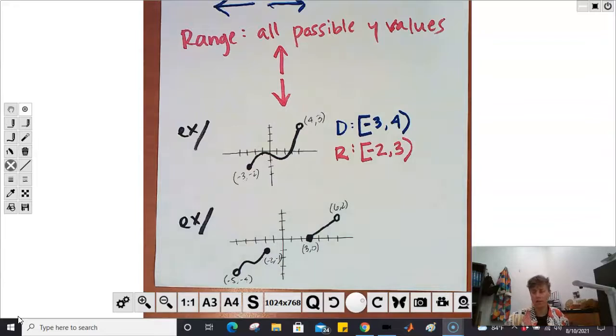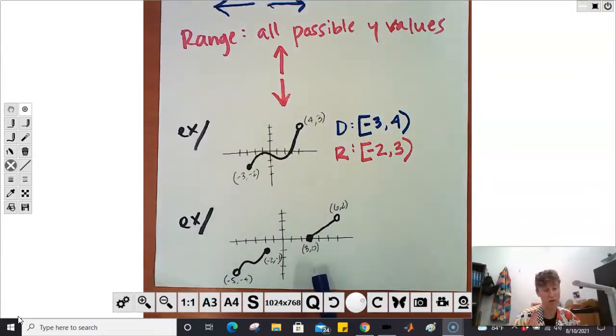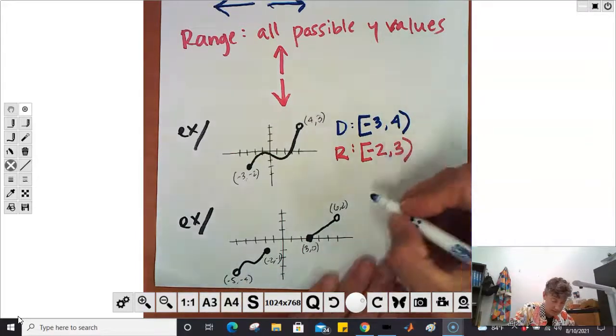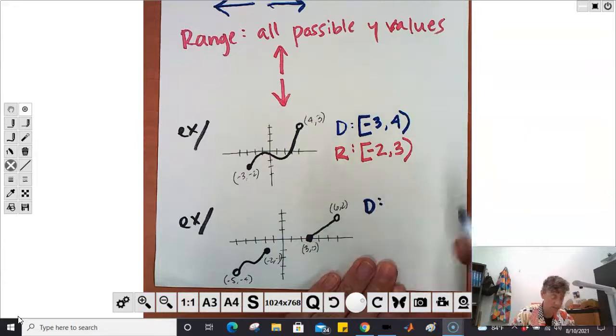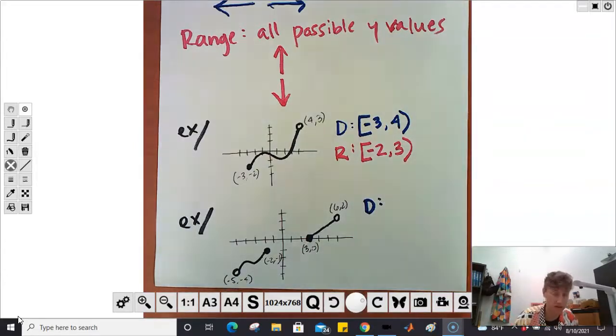Okay, so let's talk about the domain and range of this piecewise function. It's got two separate components to it, over here and over here. All right, so the domain of this piecewise function. How far to the left do we ever go?